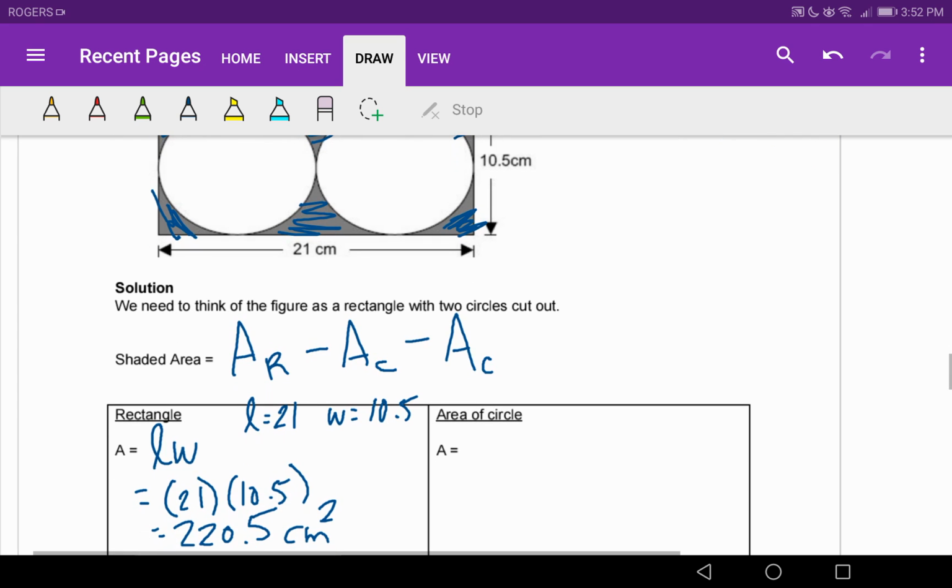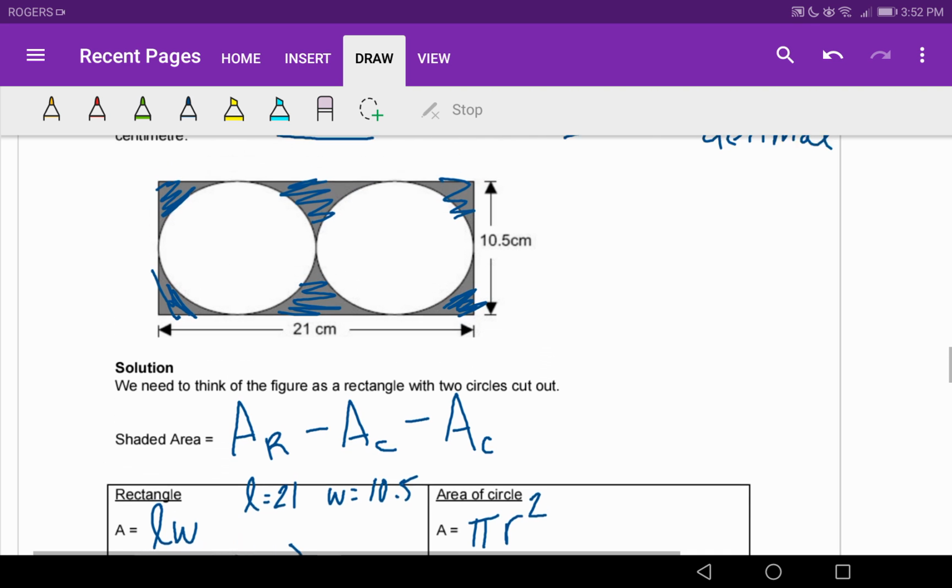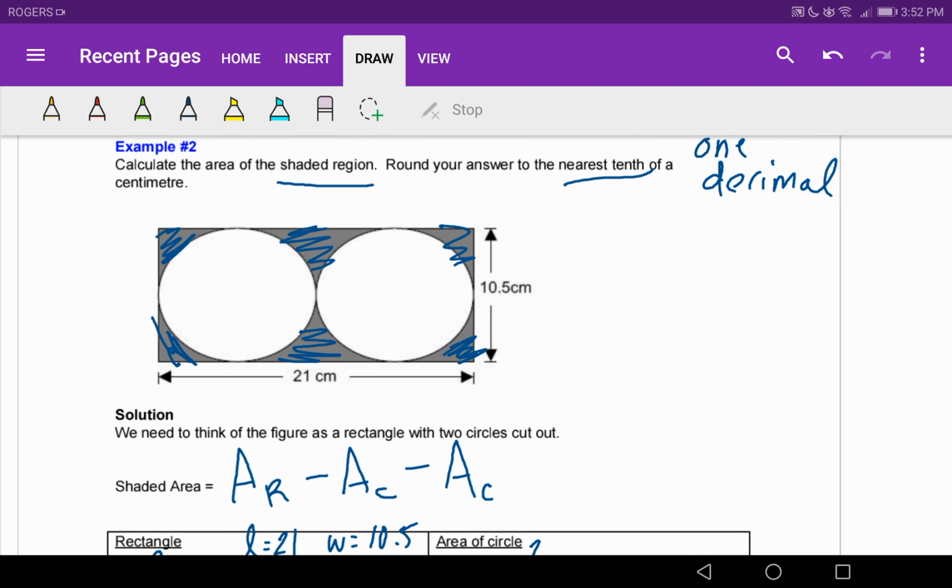Actually, it may help if we write out the formula first so we can see what we need to find. Area of a circle is pi times radius squared. Well, looking up in my diagram, do I know the radius of my circles? I do. All right.